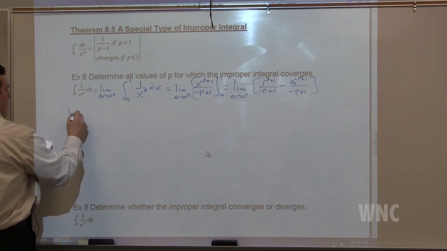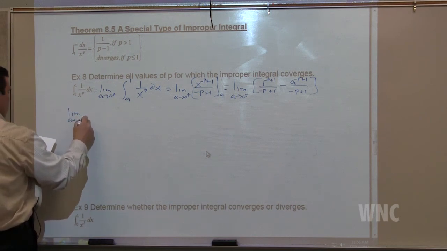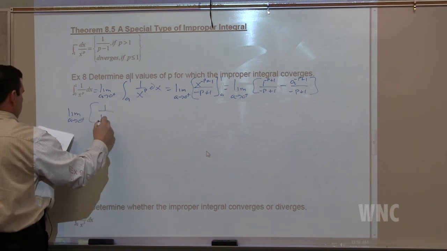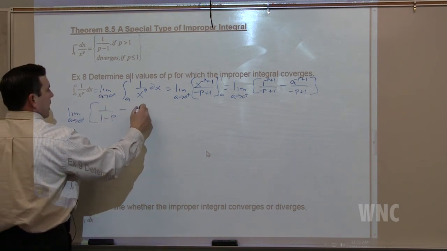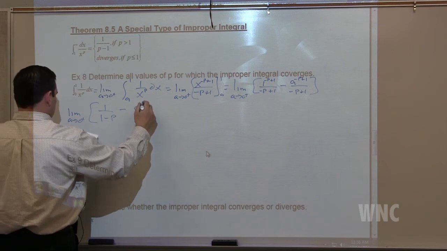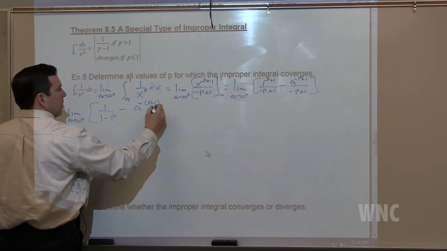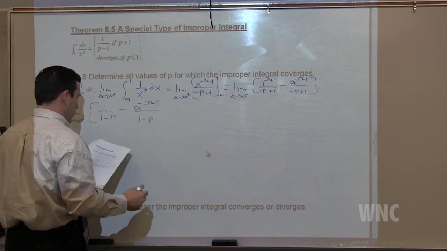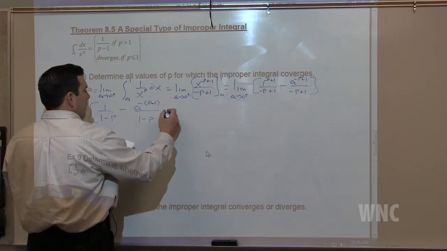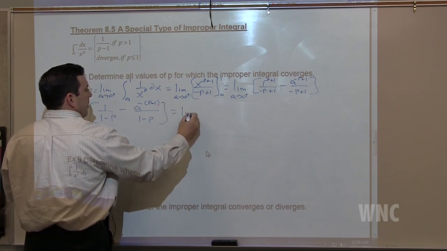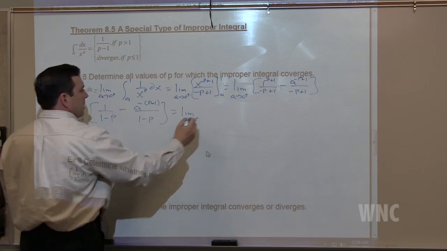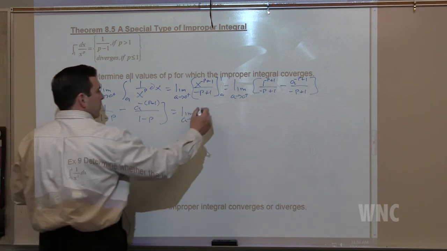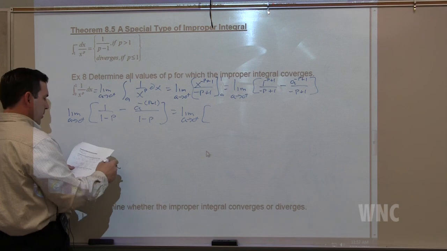So if we take the limit as a approaches 0 from the right side, we have 1 over 1 minus p minus a to the negative of p minus 1, so just factor the negative out, over 1 minus p. So this is the limit as a approaches 0 from the right side of, same denominator so we can combine the numerators. Actually, I'm not going to do that.